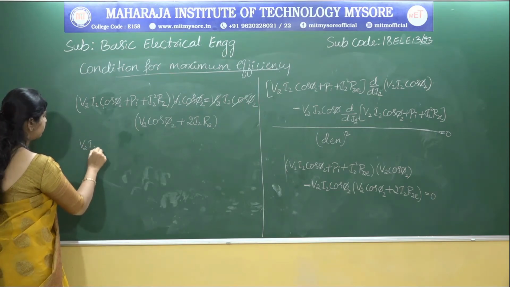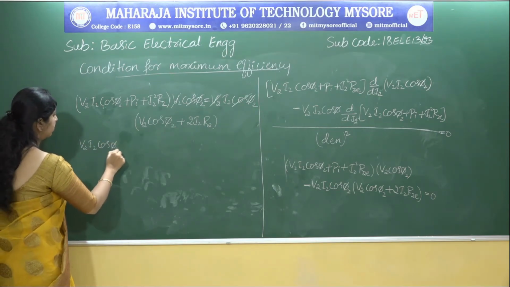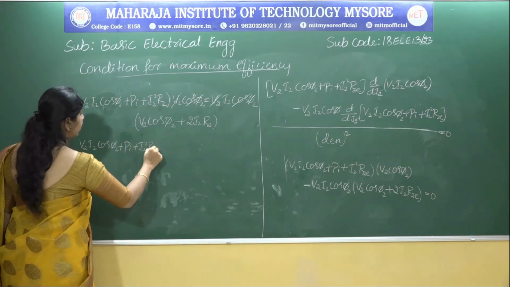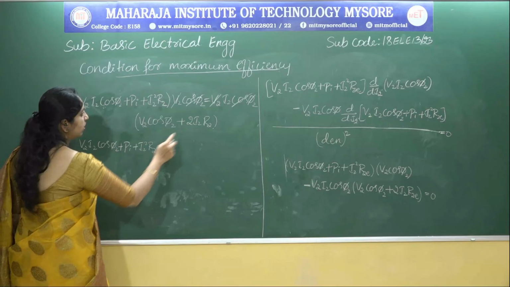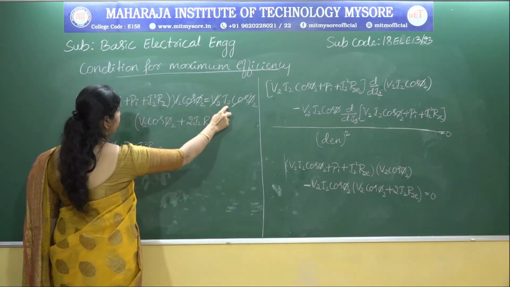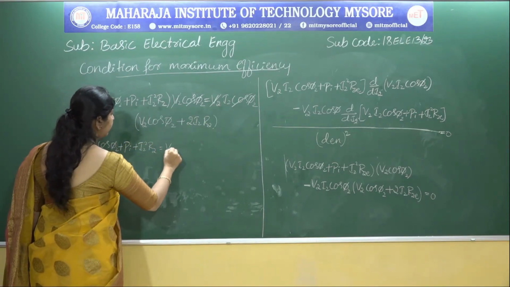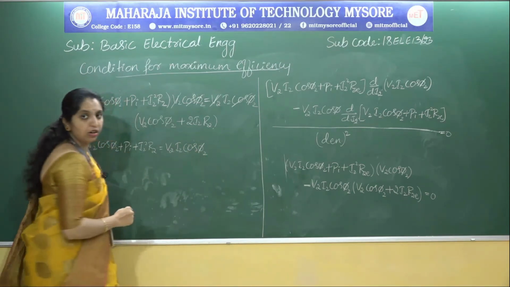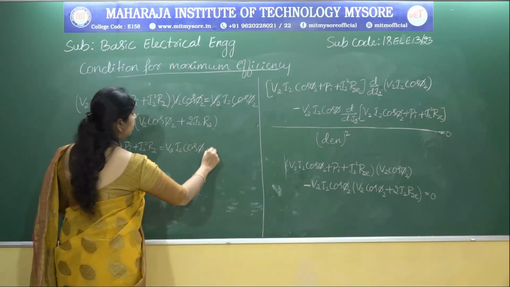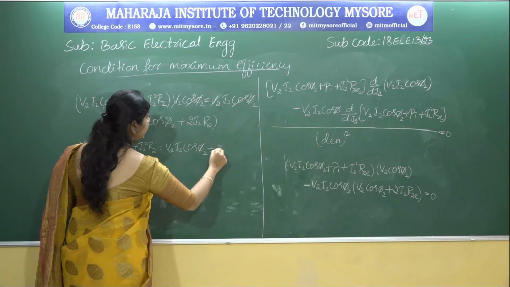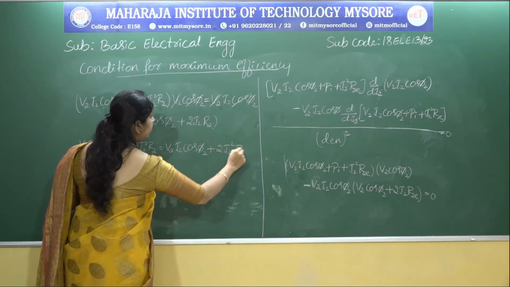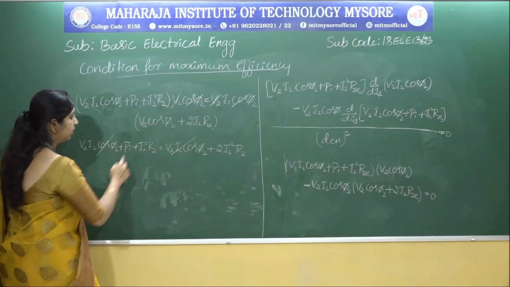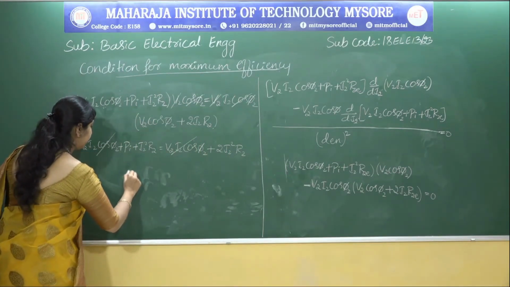V2 I2 cos phi 2 plus Pi plus I2 square R2 is equal to, now I am multiplying this I2 here. So we get V2 I2 cos phi 2 plus, again multiply this I2 here. So we get 2 I2 square into R2. So what happens? V2 I2 cos phi 2 gets cancelled. Which part is left out here?